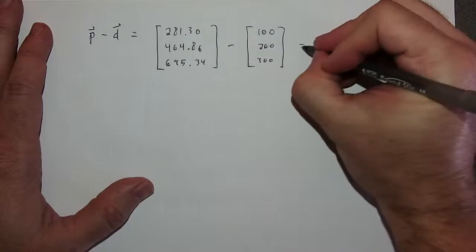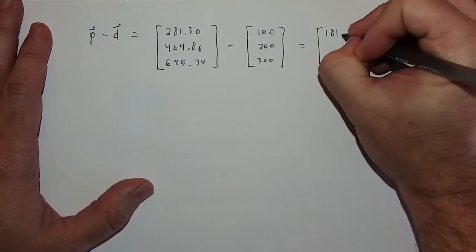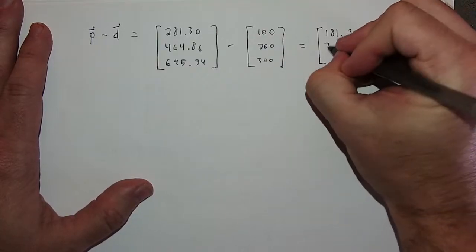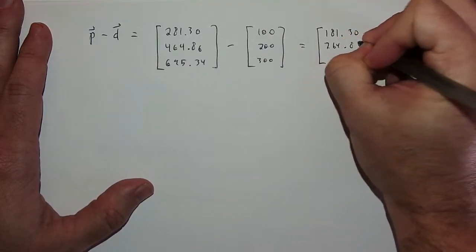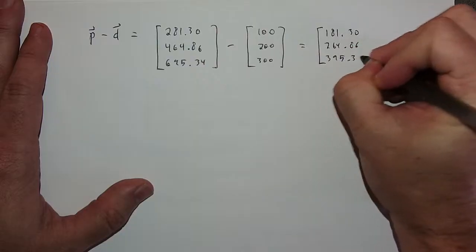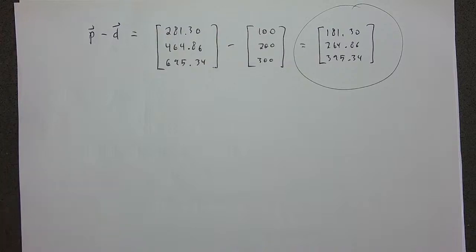And what I get is 181.30, 264.86, and 395.34.